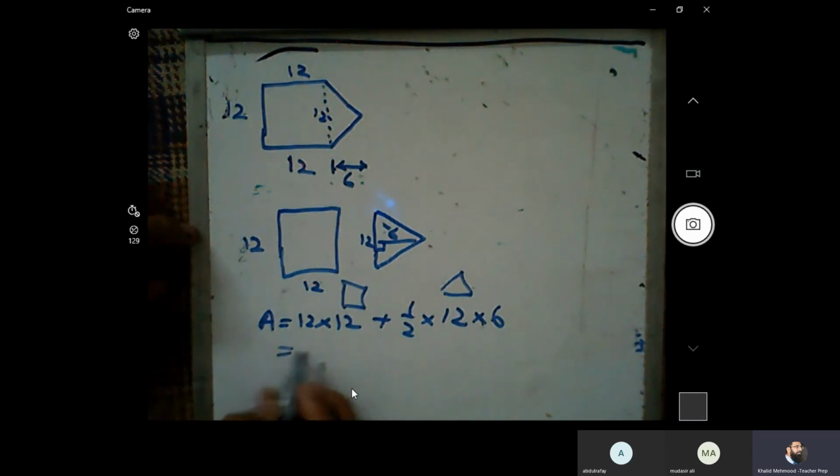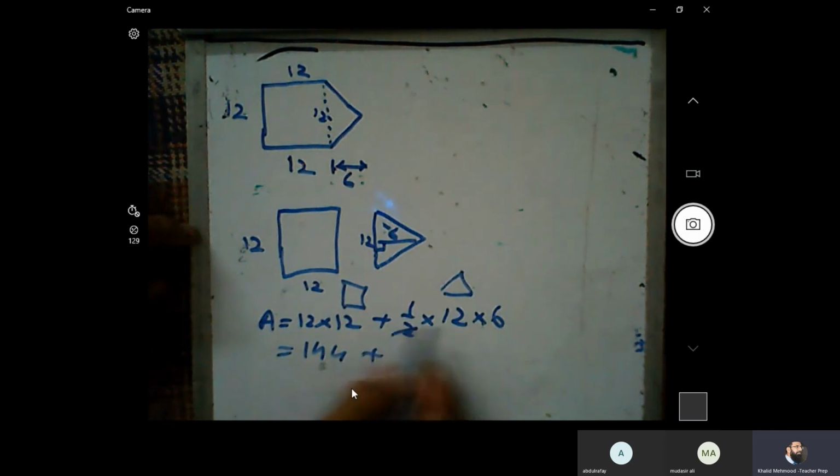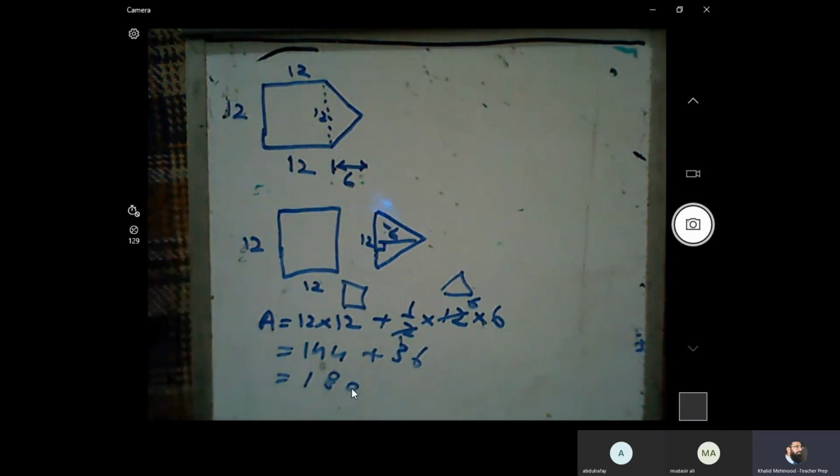So this will become 144 plus, if you cancel, 6 times 6 is 36. So this becomes 180 centimeter square. This is the area of this type of shape.